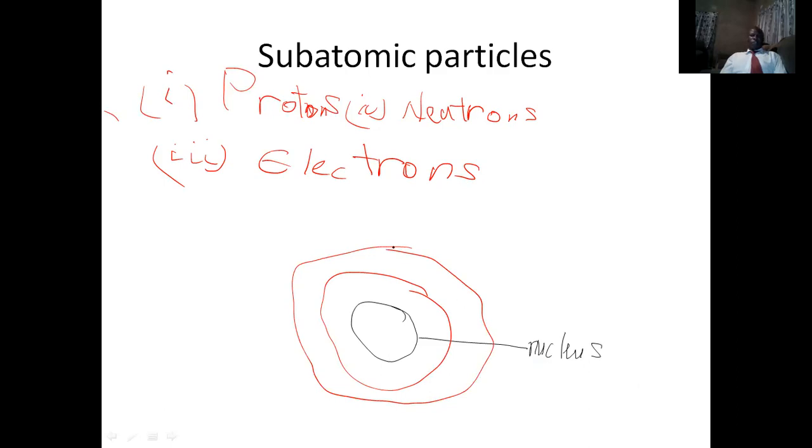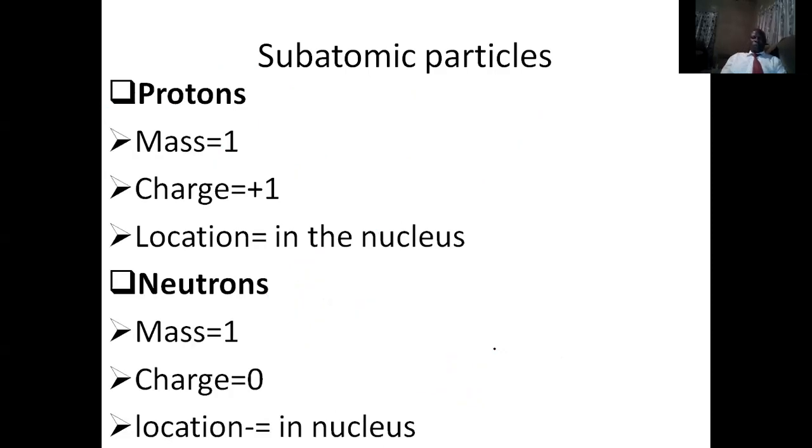The protons are found inside the nucleus, as well as the neutrons, while the electrons are found in shells, that is around the nucleus. This is very important because we need to know where these particles are found.